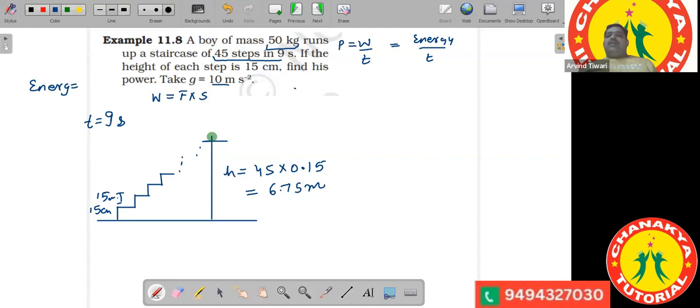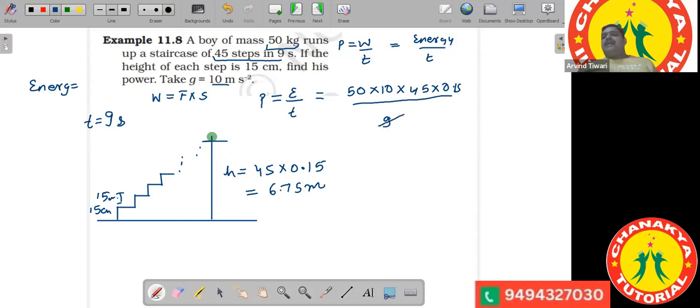So energy by time will be the power, and energy will be equal to 50 multiply 10 and multiply height, which is 45 multiply 0.15, divided by time, which is 9.